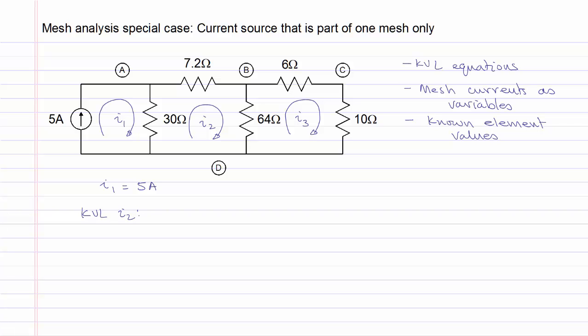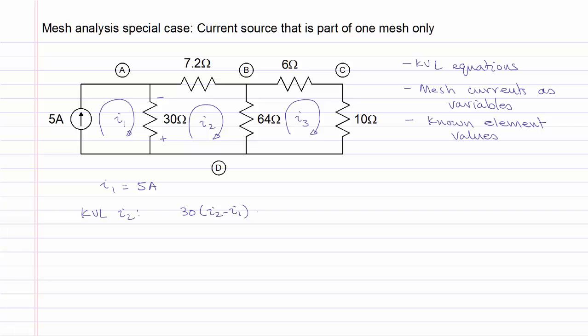For the 30 ohm resistor as part of mesh 2, we will take a voltage drop in the direction of the mesh current I2 such that the voltage drop across it will be 30(I2 minus I1), and it will be given with a positive sign since the convention we follow is that voltage drops are given a positive sign.